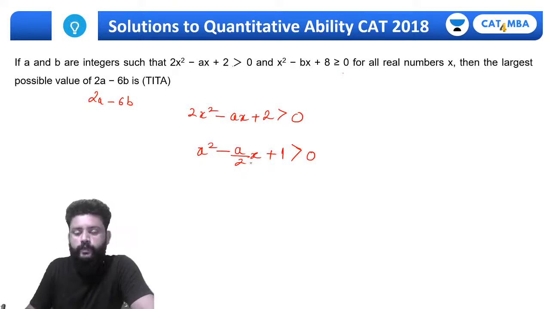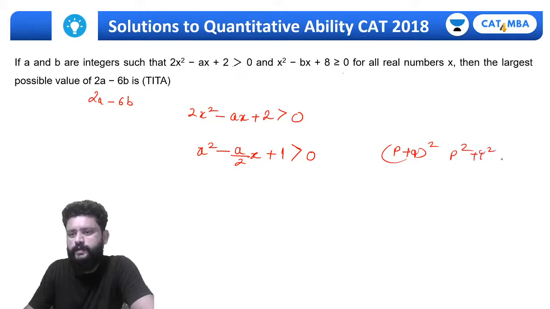So if I want to get the perfect square, let's say p plus q whole square, you know that is p square plus q square plus 2pq, or minus, अगर minus है तो minus 2pq.